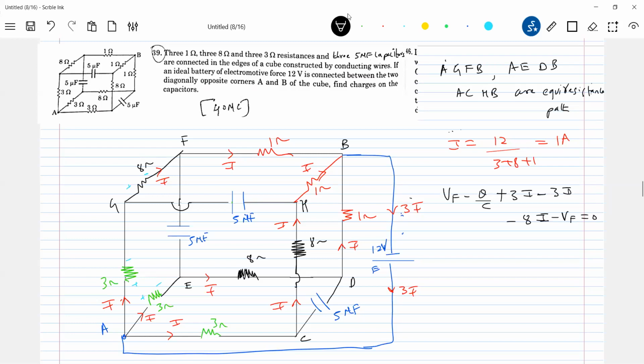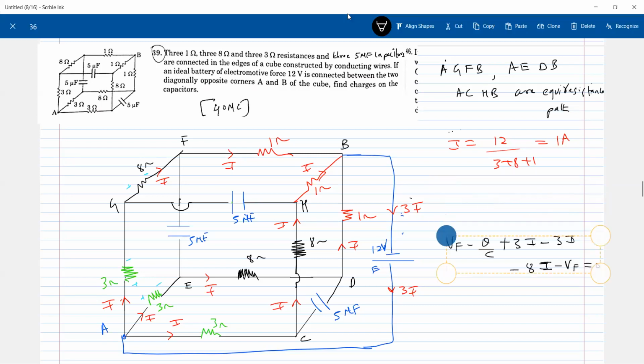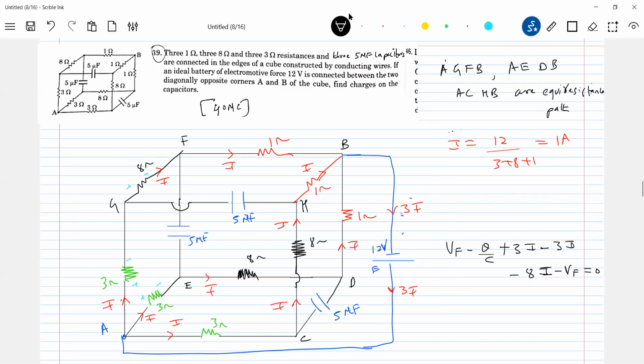I'm writing KVL along the path FEAGF. So what is this? KVL for FEAGF.